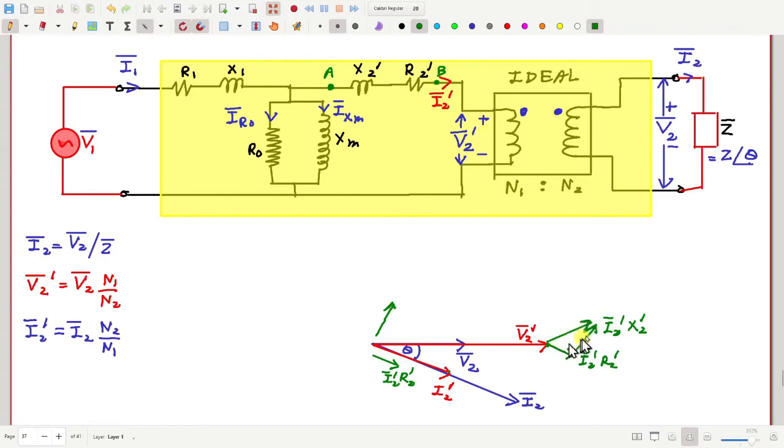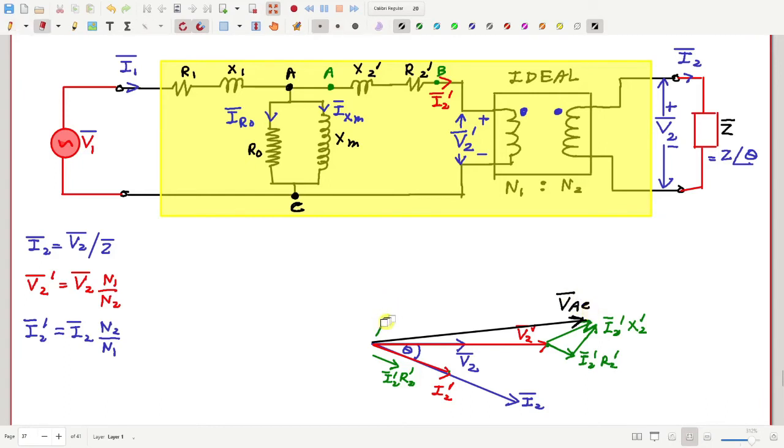Now if I add VAB with V2 prime, what do I get? I will get the voltage from A to C. Okay, this is the voltage VAC.